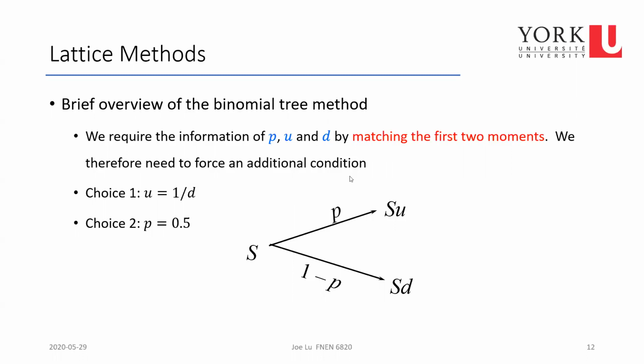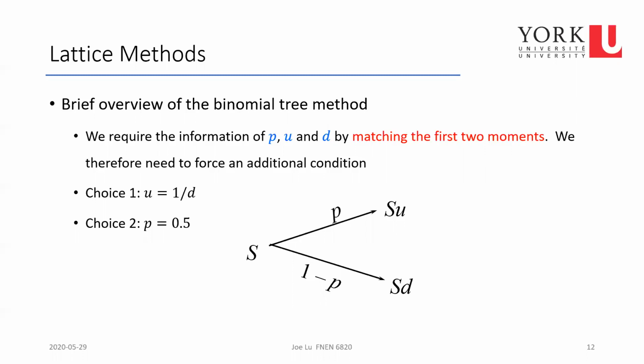In order for us to work with a binomial tree, we have to have an additional condition to force the solution. Typically we have 2 choices. You can have more than that, but the two most popular choices are, one, we force u to be equal to 1 over d, so therefore d is 1 over u.